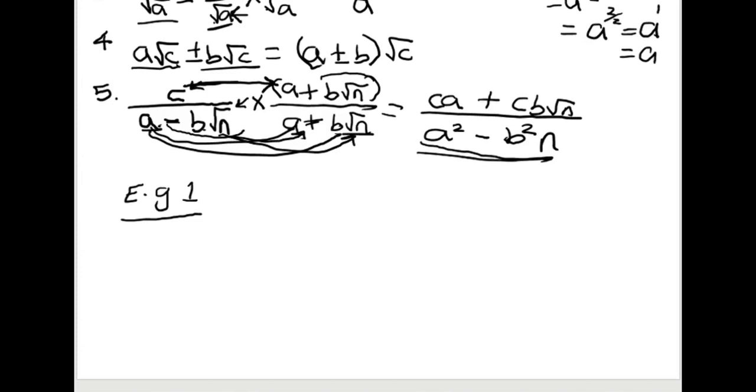All right, so my first example is that I'm going to show you how to convert single surds to their basic form. For example, root 200.